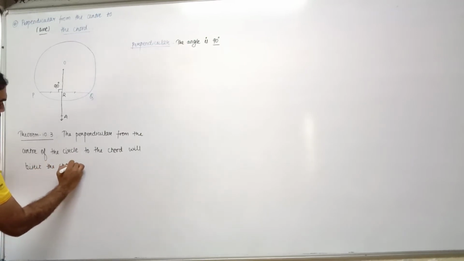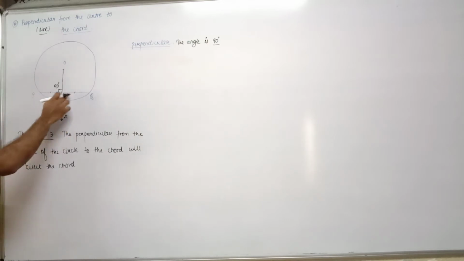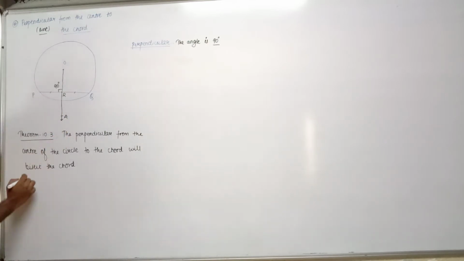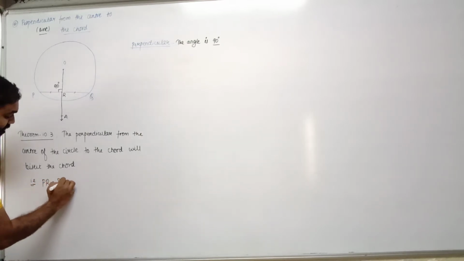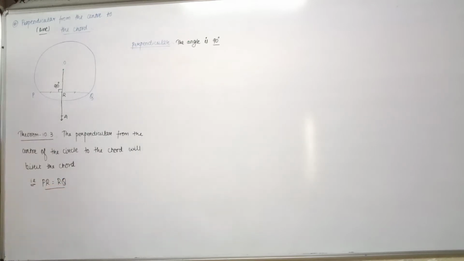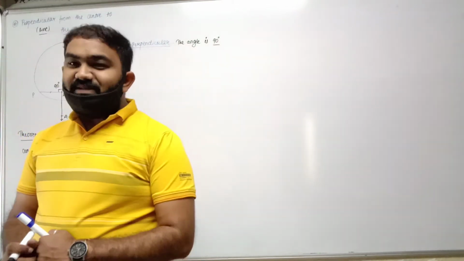It is written in your book that it bisects the chord. So this perpendicular drawn from the center of the circle to the chord is bisecting the chord into two equal parts. That is, here if I want to write down, PR is equal to RQ, right? So that is what theorem number 10.3 says. Again, let us read it. The perpendicular from the center of a circle to a chord bisects the chord.